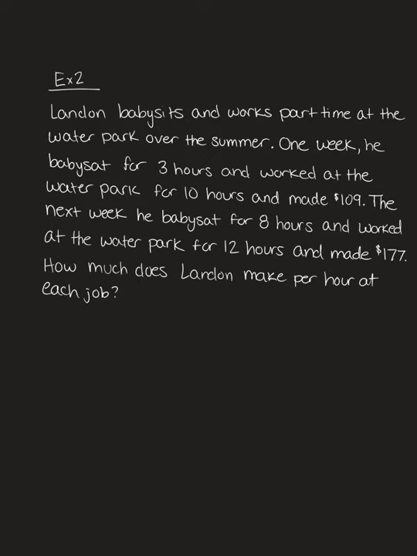Our next example: Landon babysits and works part-time at the water park over the summer. One week he babysat for 3 hours and worked at the water park for 10 hours and made $109. The next week he babysat for 8 hours and worked at the water park for 12 hours and made $177. How much does Landon make per hour at each job? First thing, define your variables. Look at the question: how much does Landon make at each job?